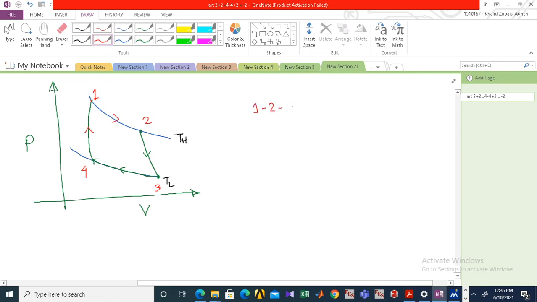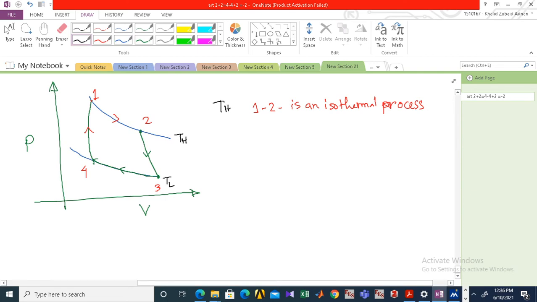1 to 2 is an isothermal process, meaning the temperature will remain the same on that line from 1 to 2, and it is TH, right? So the temperature is TH.